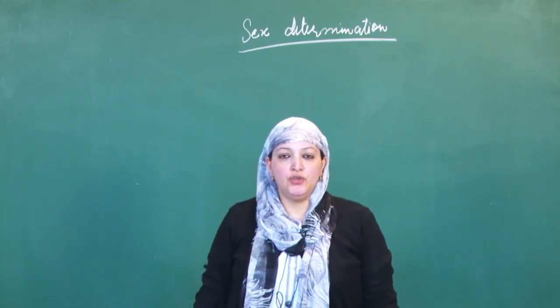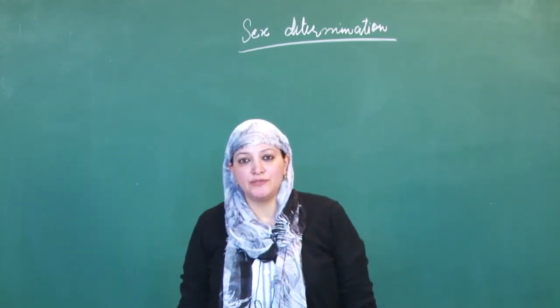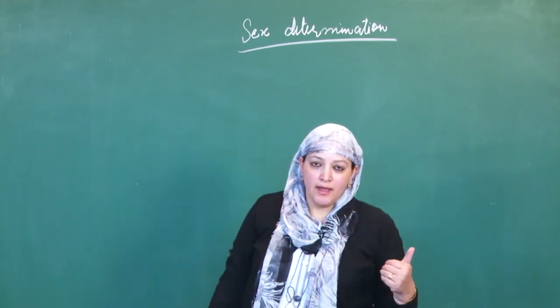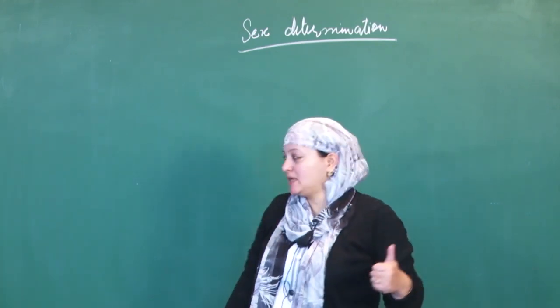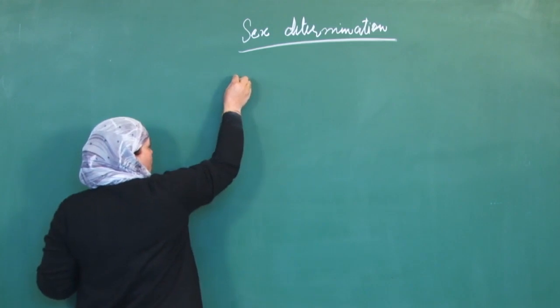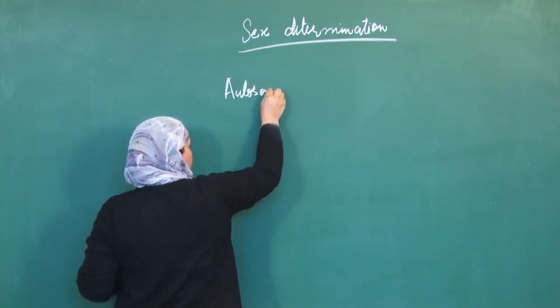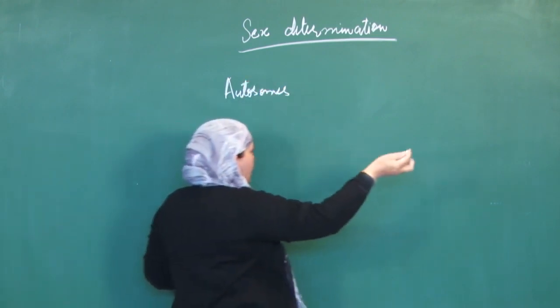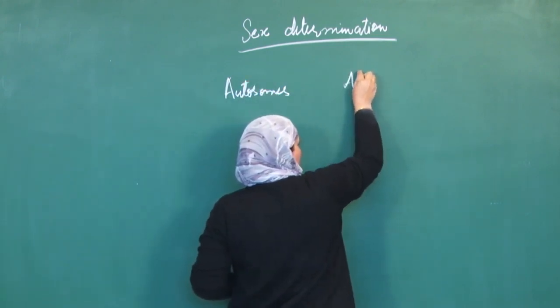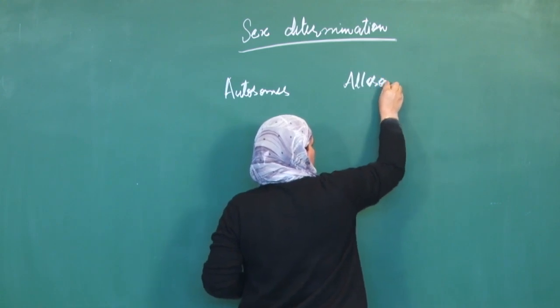If we talk about humans, in humans there are two types of chromosomes. One type is called the autosomes, and the other type is called the allosomes.